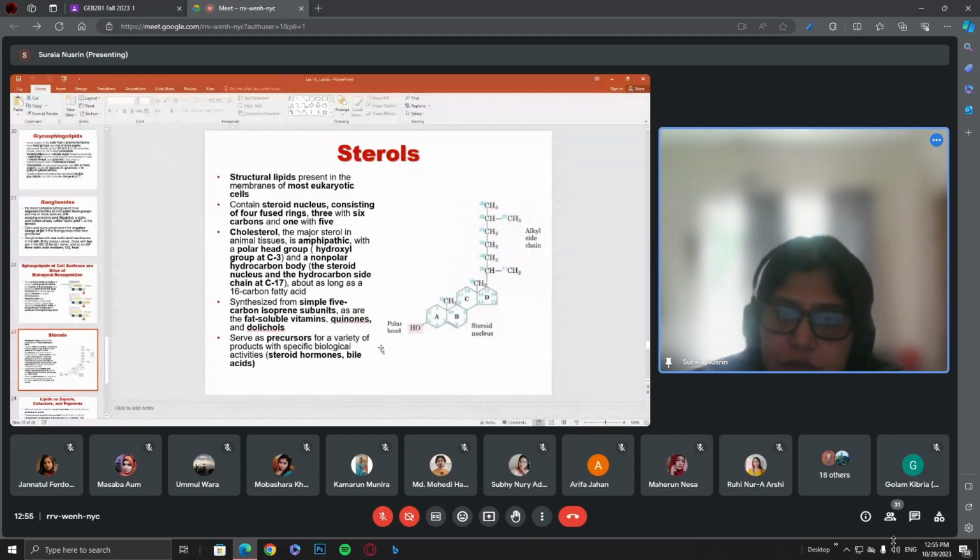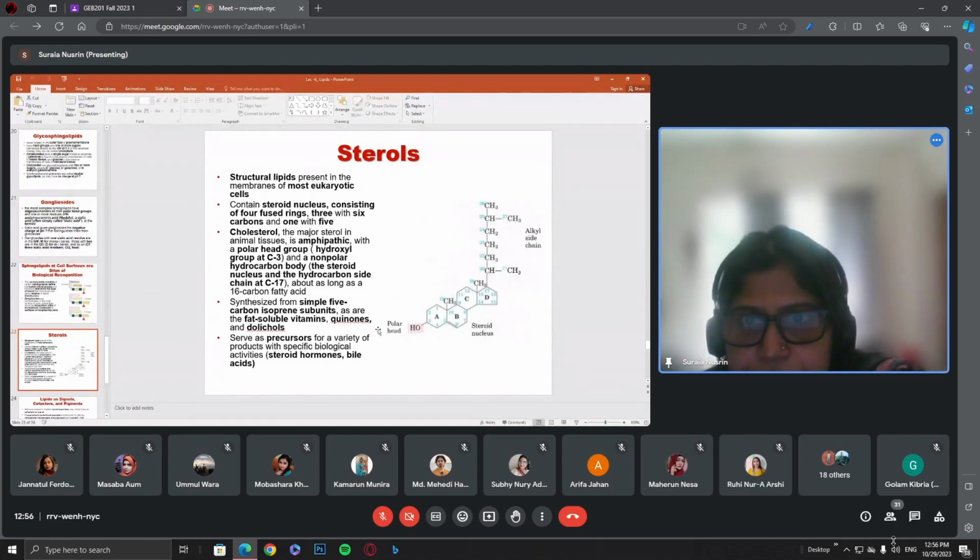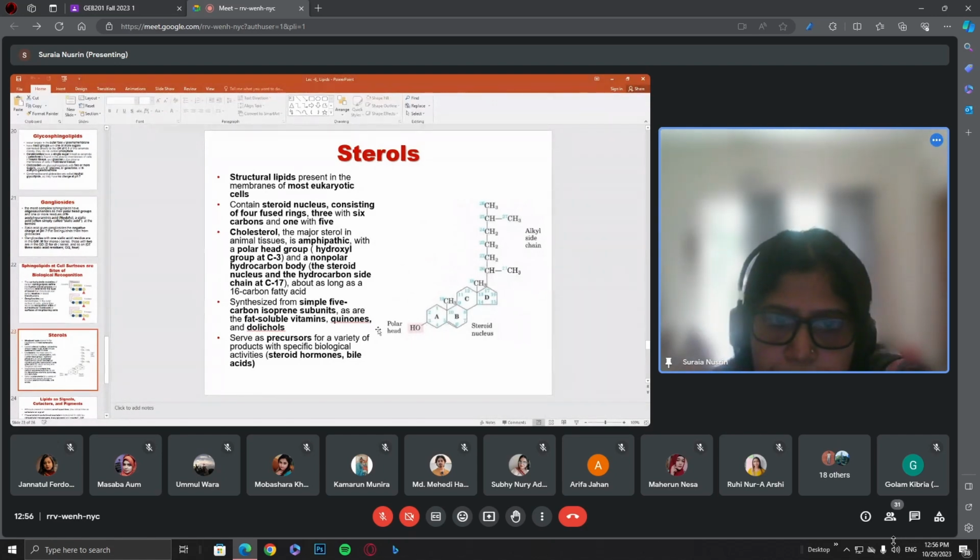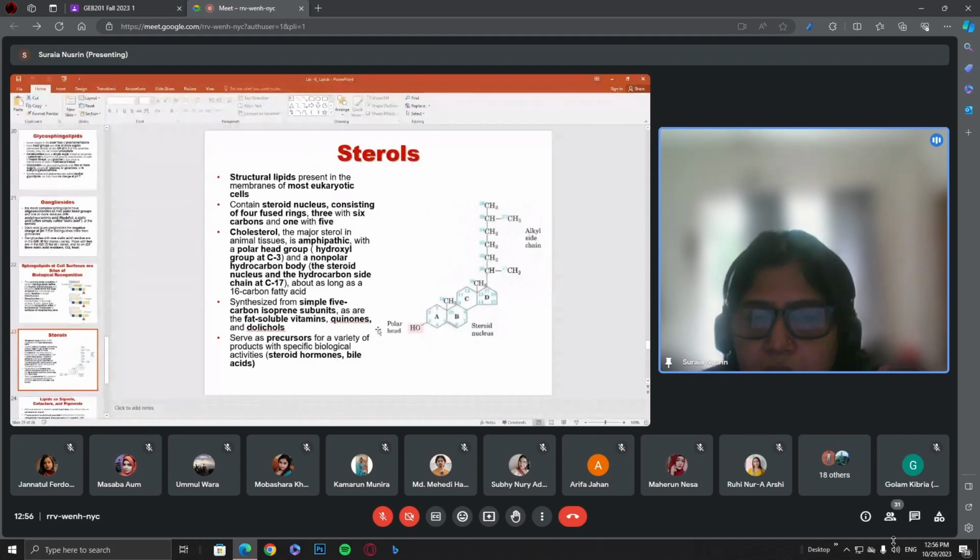Okay, now in the previous membrane lipids, we have seen what the individual components are. In the case of glycerophospholipid, we have seen there are glycerol, then fatty acid, and then the polar head group. So what are the components of the sterol, or what is the source of sterol?